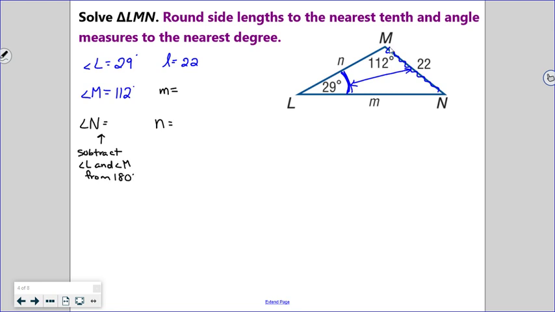Okay, grab your calculators. 180 minus 29 minus 112. Jenna, I'll take that when you got it. Agreed? 39? Jenna? 39, all right.